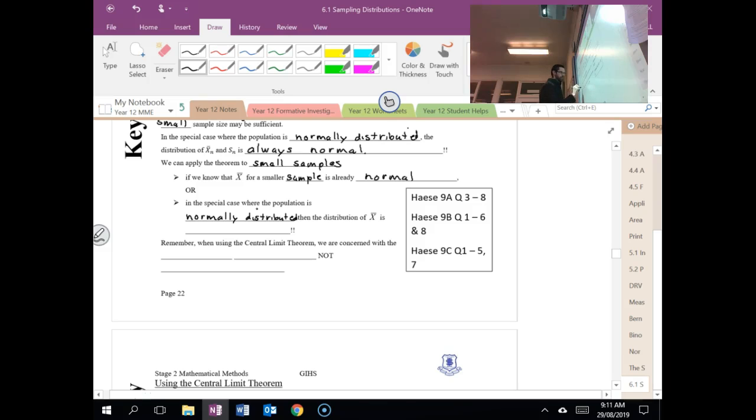Then we can say the distribution of x bar is normally distributed. And this also applies to the distributions of sums as well.